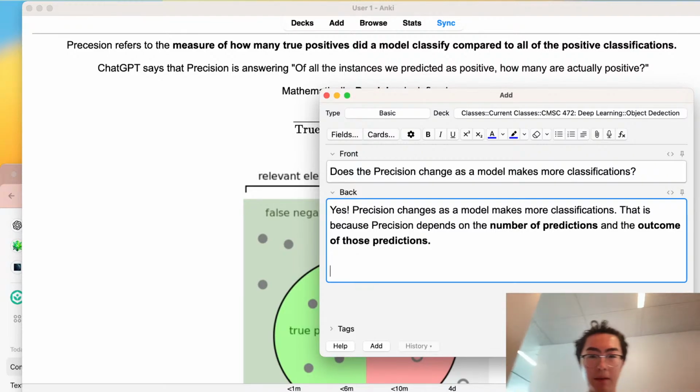But if it were to make more positive predictions, then that'll increase or decrease the precision. Yeah.